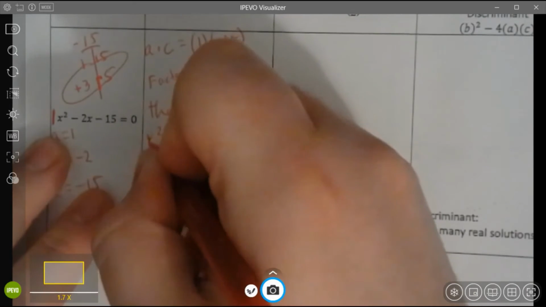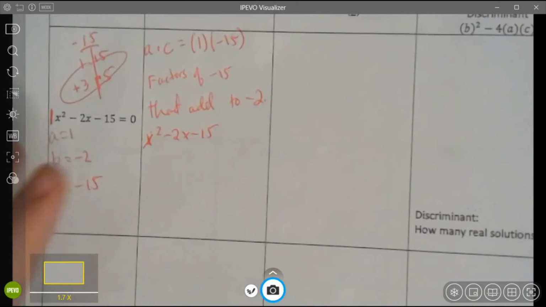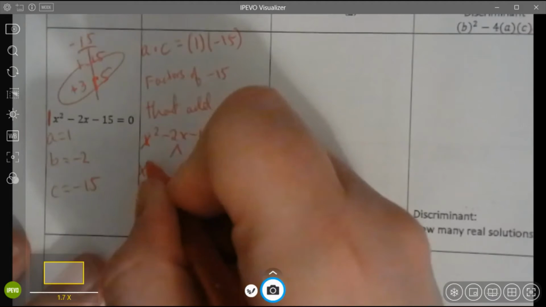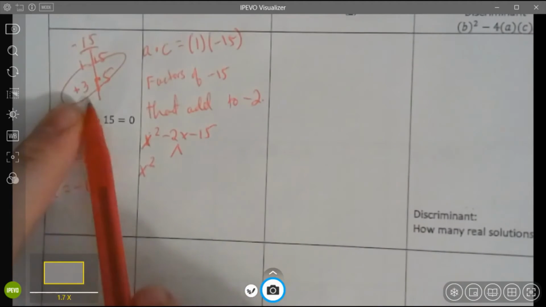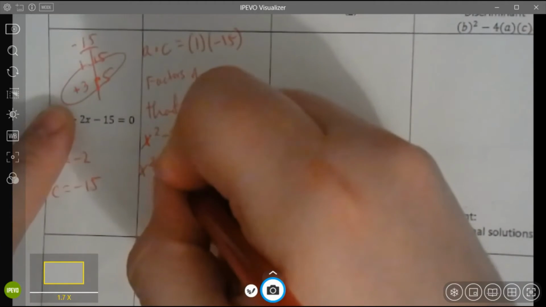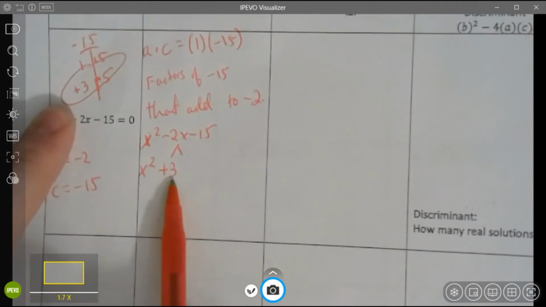So we're going to rewrite this x squared minus 2x minus 15. We're going to split up this middle term as x squared, and then we're going to use these two factors. So +3. Now notice this has an x, so I have to include an x here.